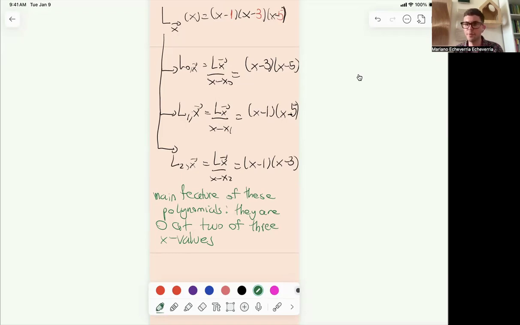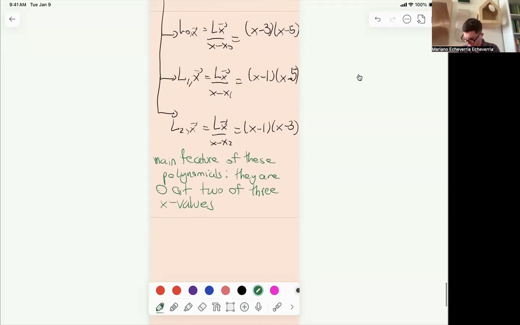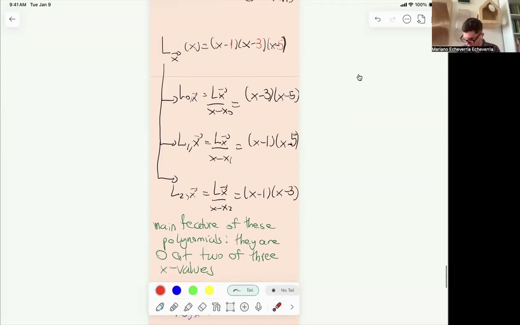In fact, you can compute the value of the polynomials at the value that is not zero. So for example, what is L0 of x0? That would be L0 of what is x0? X0 was 1.